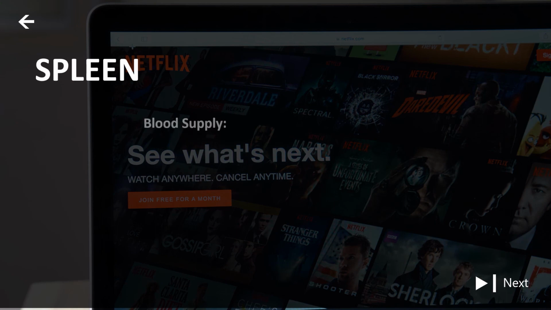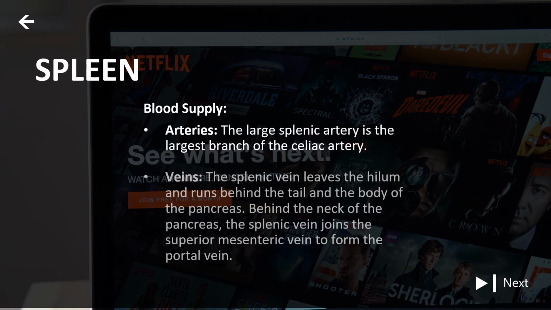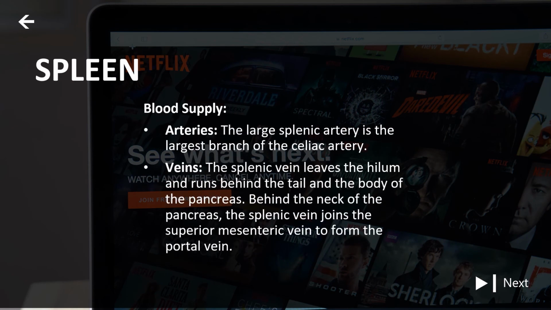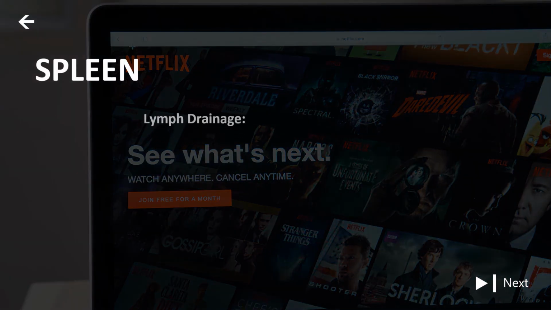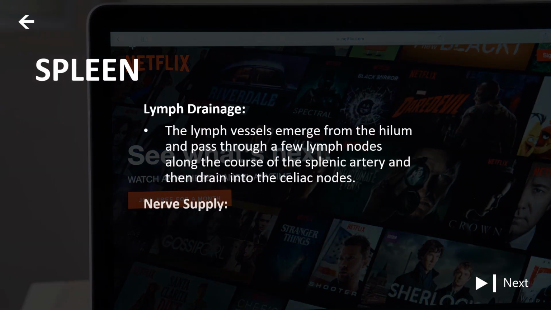So here's the blood supply of the spleen. And of course, here's the lymph drainage and nerve supply of the spleen.